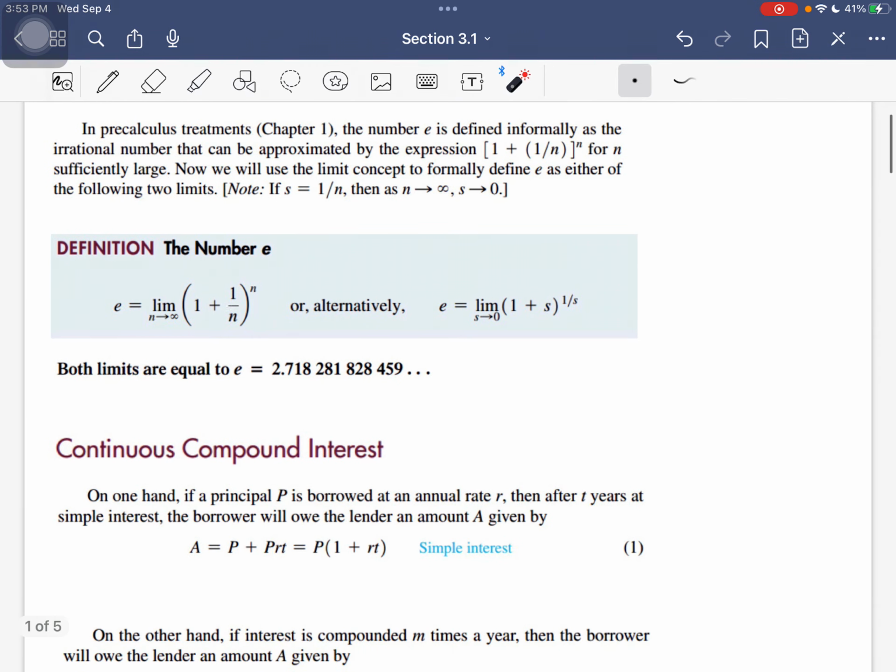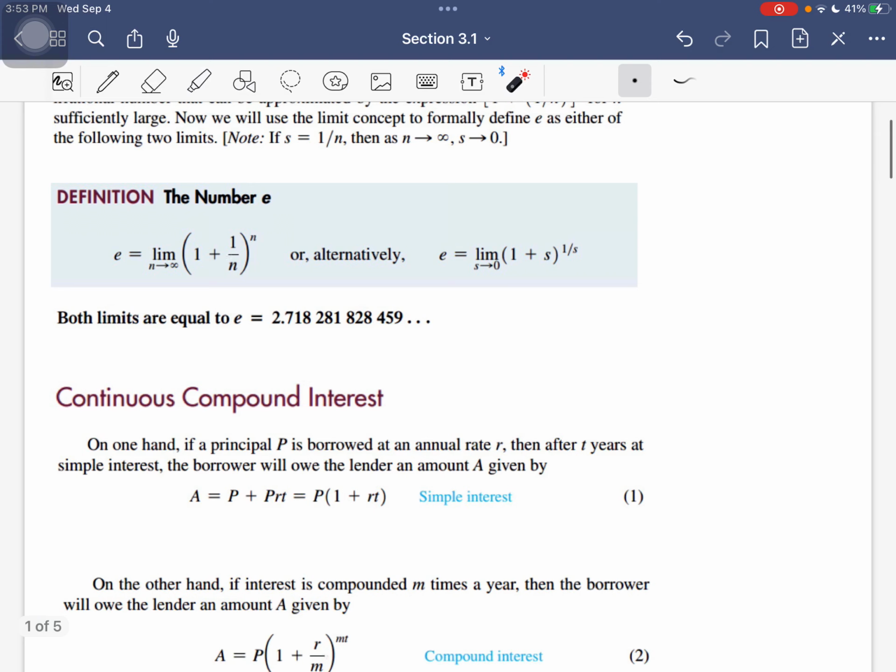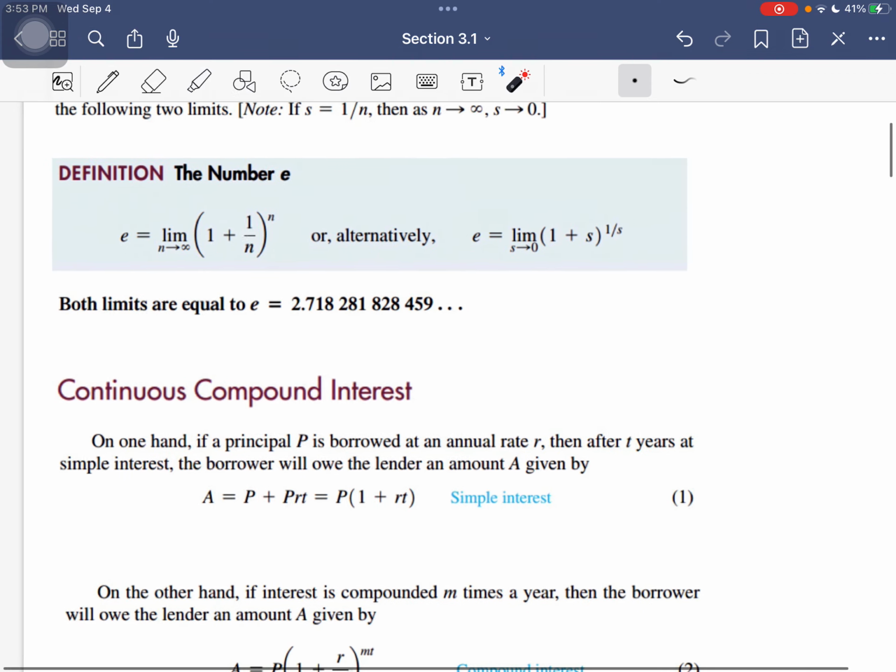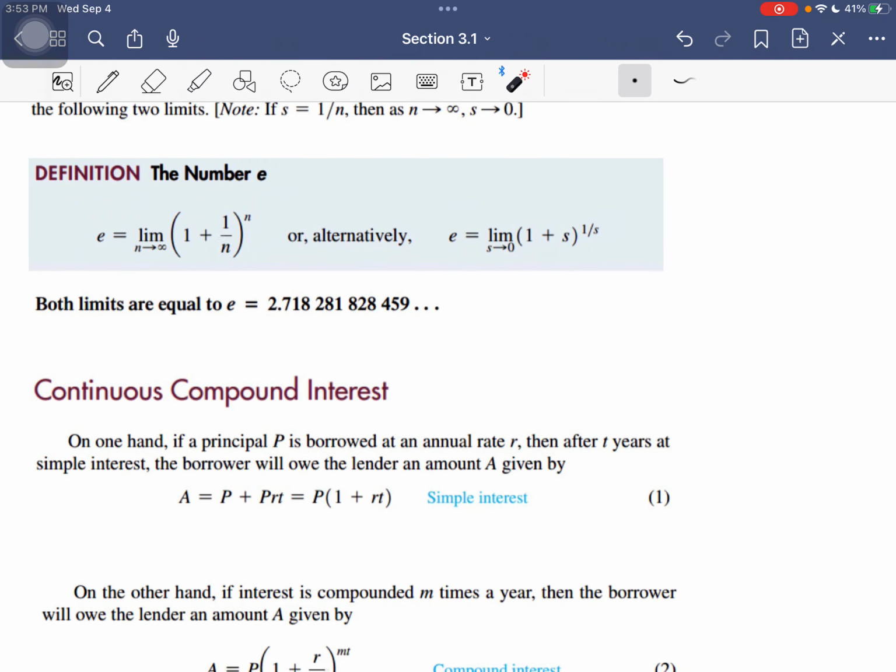Alright, so with that being said, let's look into continuous compound interest. So we know that if a principal P is borrowed at an annual rate R, after T years at this simple interest, the borrower will owe the lender an amount A given by this equation here.